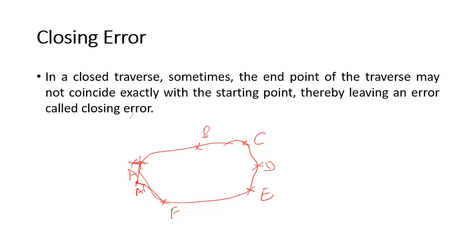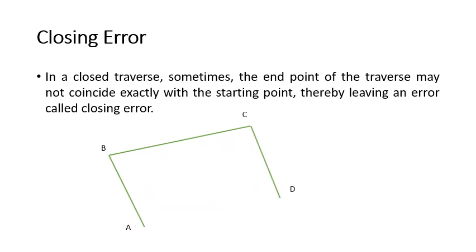Okay. So it is very easy to identify closing error in a closed traverse. You can see over here, we have a traverse A to B, C, D, E. And it should be closing to A, but instead we have another point, which is A dash. So this portion is called a closing error.